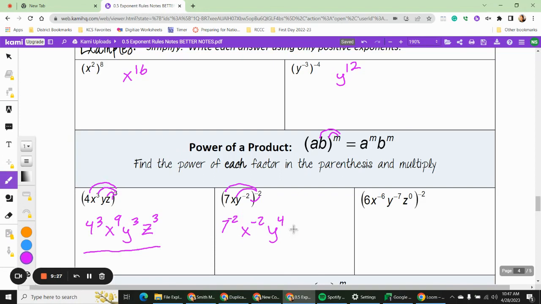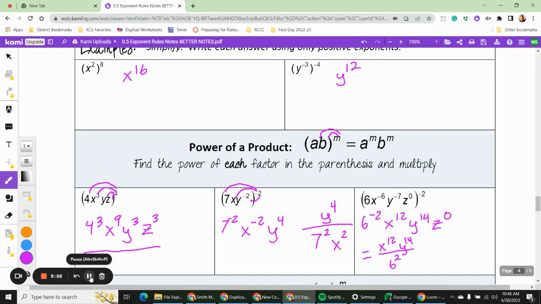But remember, when we have a negative power, we can actually put that at the bottom of a fraction. So I can put 7 squared with the positive second power, and then x squared with that positive second power at the bottom. And then we would normally put 1 on the top, but we already have a positive exponent, so I'm just going to put that y to the 4th on top. Now, try out this last one here for yourself and simplify it.